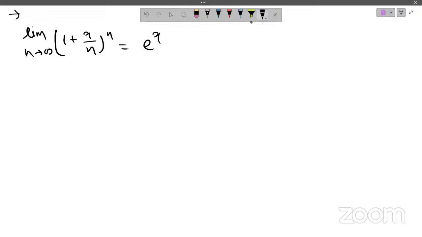These limits are tough to prove. We have to use some limit test or epsilon delta things, or something else, to prove that this limit exists and is the same as e to the power x. But for this course, you just have to remember it.